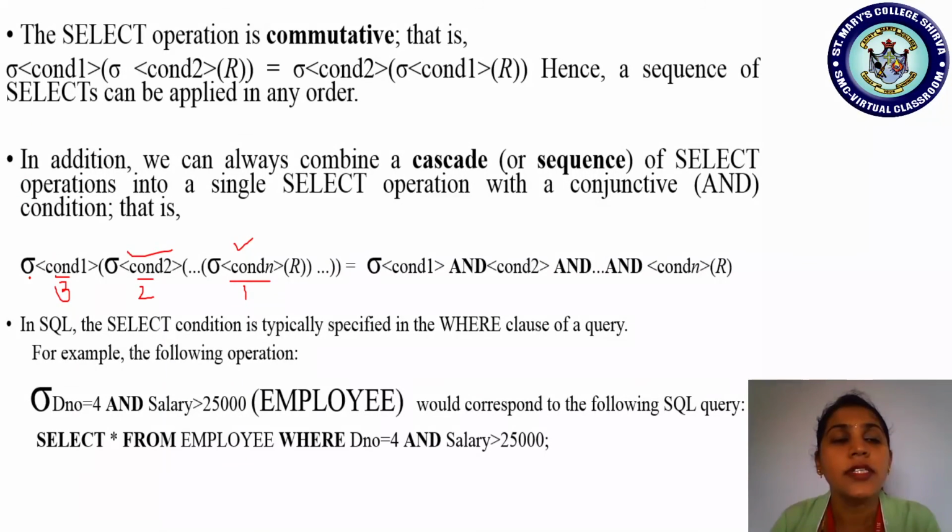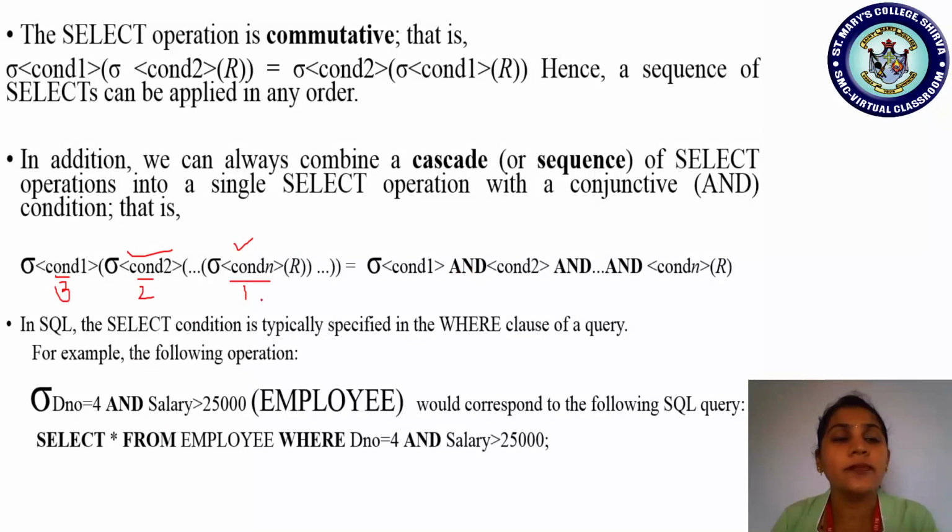Here just check out select condition 1, in the innermost you have select condition 2 and one more innermost you find condition n. This is equal to select condition 1 and condition 2 and so on up to condition n. So the conditions put innermost and outermost on the left-hand side can also be written using a series of AND operators.